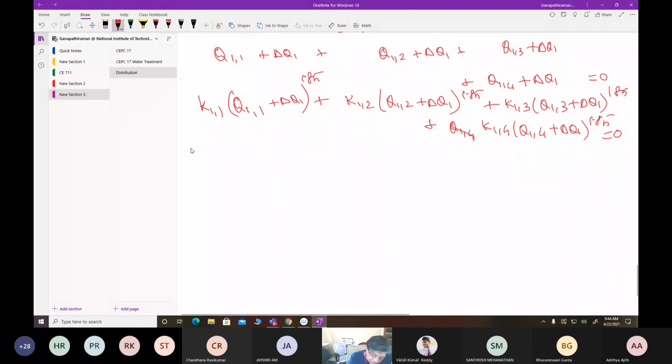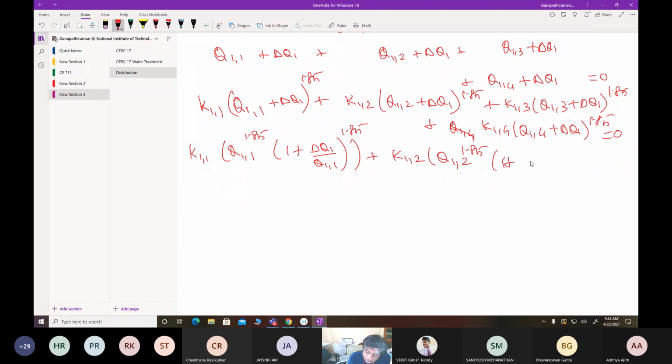Now I just make a small modification: K11 Q11 to the power 1.85 into (1 plus delta Q1 by Q11) to the power 1.85, plus K12 Q12 to the power 1.85 (1 plus delta Q1 by Q12) to the power 1.85, plus all this, equal to 0. Right?